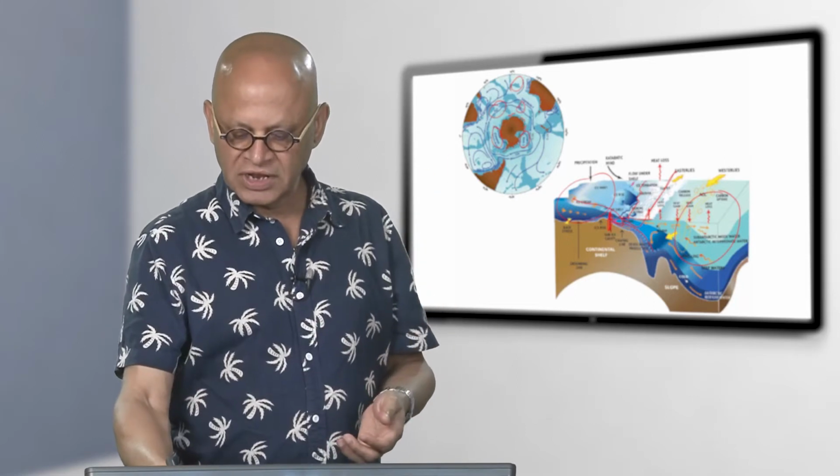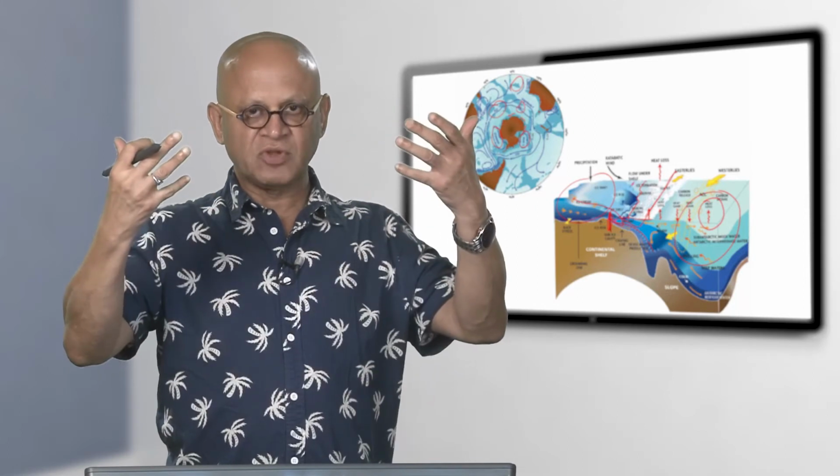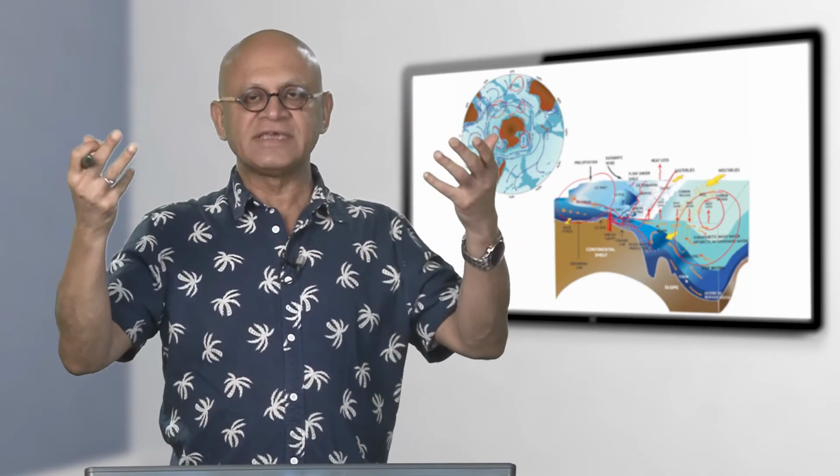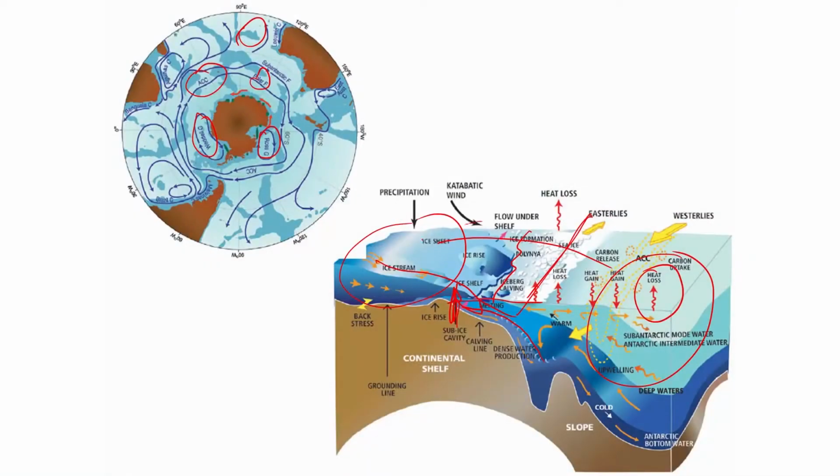So you will increase the heat loss from the ocean, which means evaporation, and heat gain by the atmosphere, so the condensation, which means you can actually increase precipitation on the glacier. So on the one hand, you are melting and breaking off, carving the icebergs. On the other hand, you are increasing precipitation.